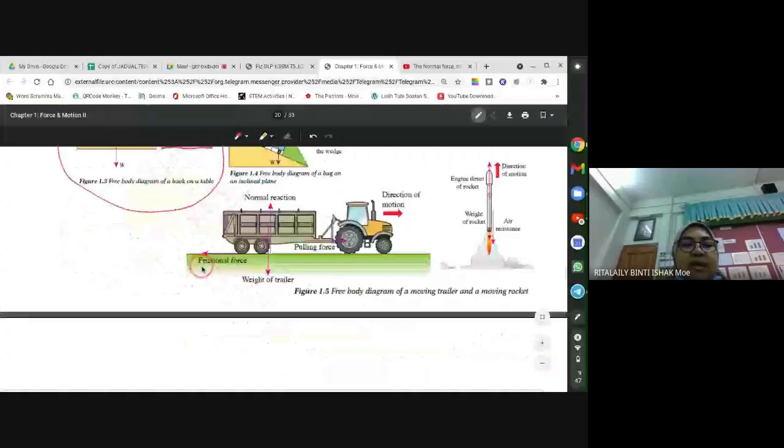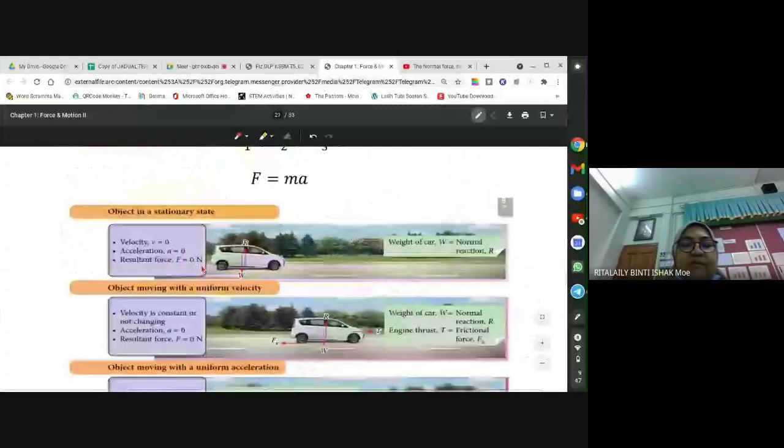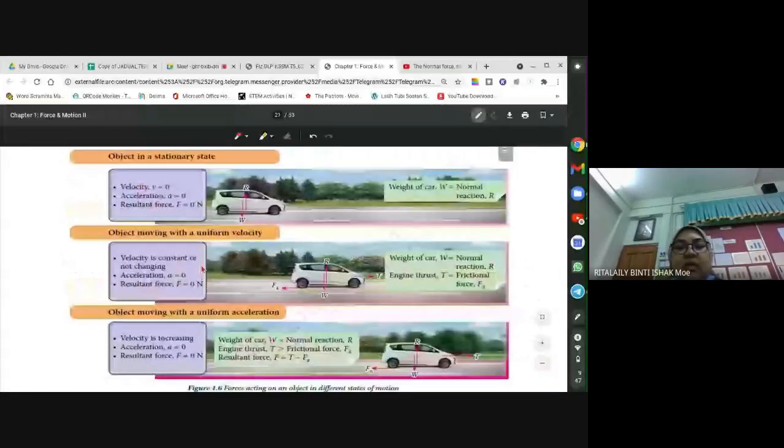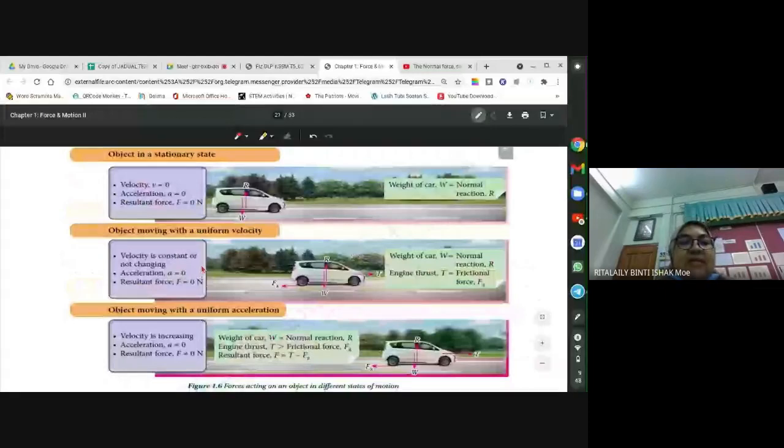This one we have also discussed in our previous class. If an object is in a stationary state, all the forces acted onto the object are equal and in opposite directions. So it is the same as this situation. It is not moving, stationary, so only two forces, upward and downward.